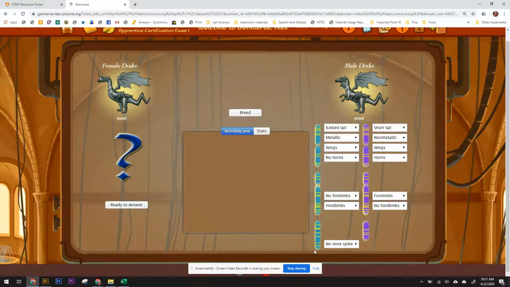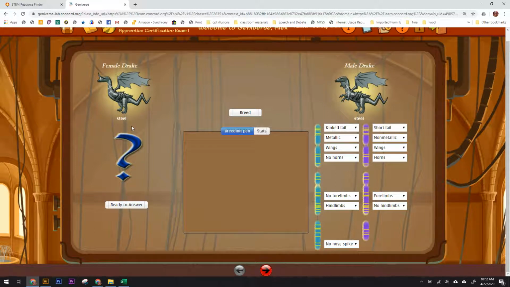I am not going to give you much information on how to program the drake. We've done this several times before. You need to make a test cross, and there is a really efficient and good way to do this, but I'm hoping at this point that you can apply the reasoning that you've learned through playing this game with me to figure out what the best traits for the male will be to figure out what the female drake's genotypes are.